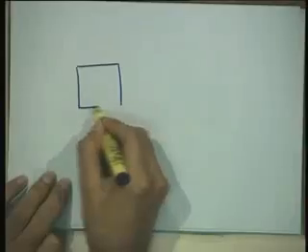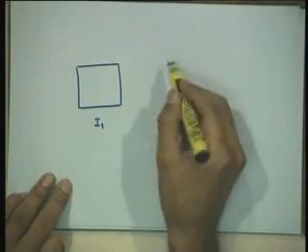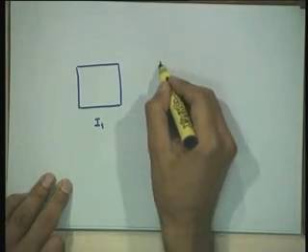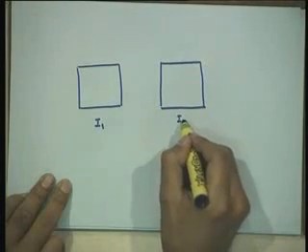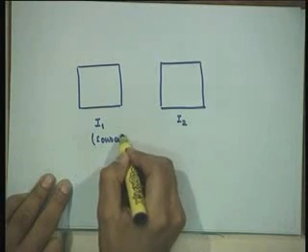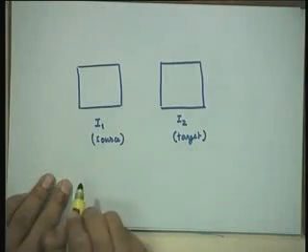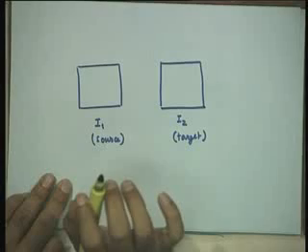Proposition number 1 is that I have an image, I call that I1, and let's say we have performed the normalization. I have another image, call it I2, which is the target image. So this is the source and this is the target or destination, and they are the same size, so they are normalized.